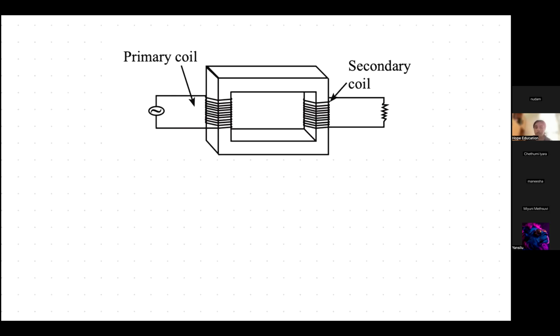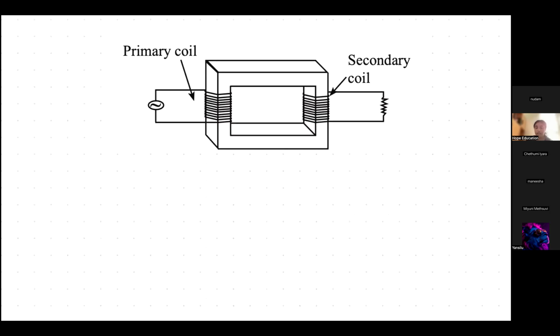Also it's really important to consider how many times we have wrapped the primary coil around the soft iron core. This we call the number of turns.